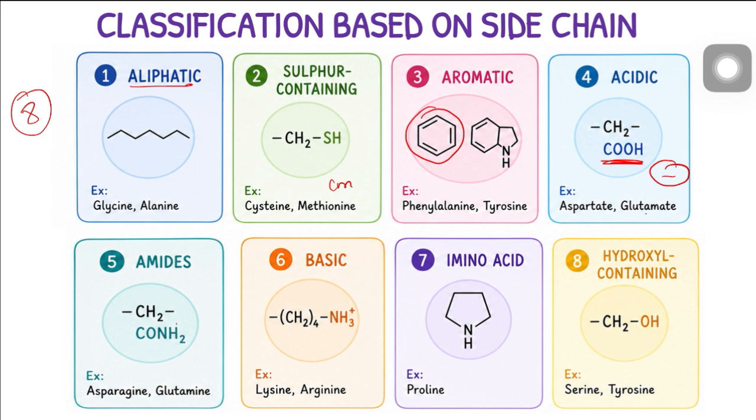When the COOH group has an NH2 along with it, it is asparagine and glutamine. So basic, they have an extra amino group and they were positively charged, and remember histidine, arginine and lysine. Then the imino acid, it has a ring structure again, proline, and hydroxyl containing amino acids, they undergo reactions like phosphorylation: serine, threonine and tyrosine. Okay.